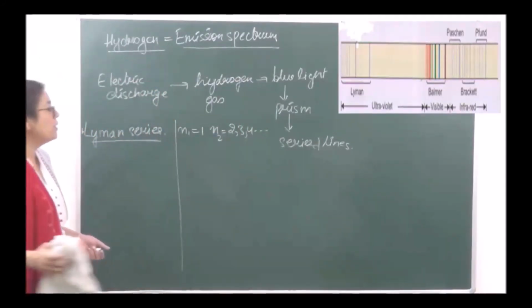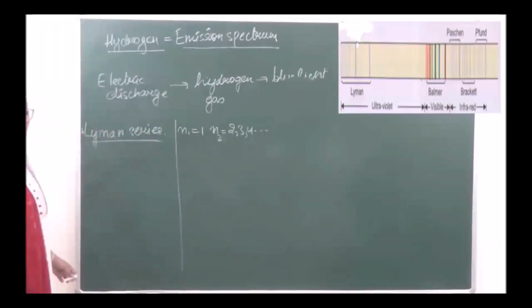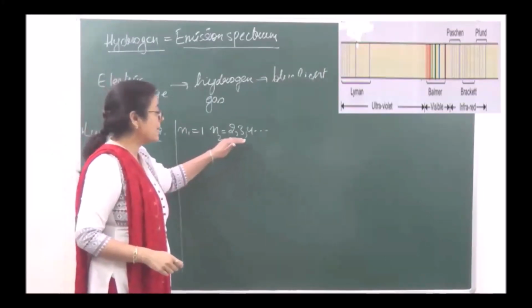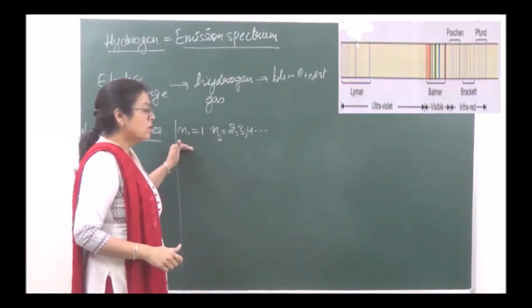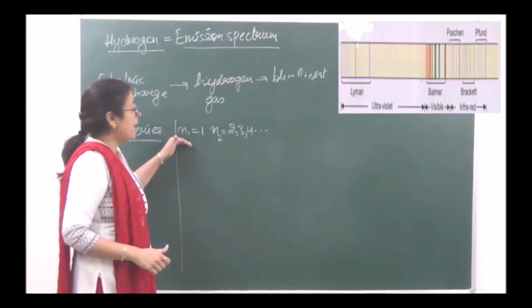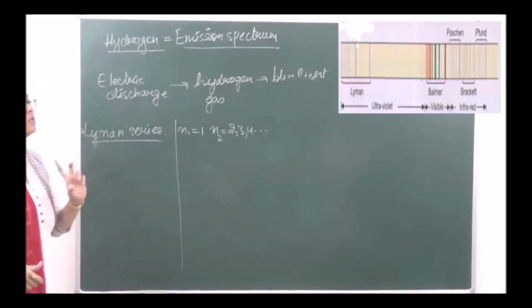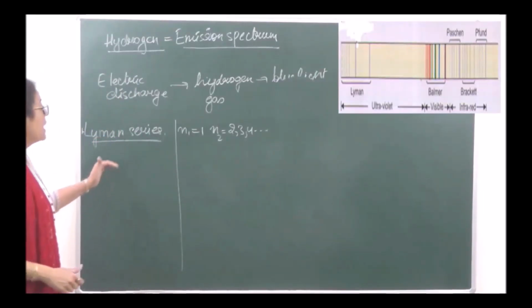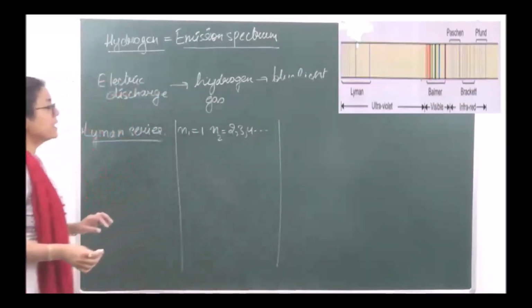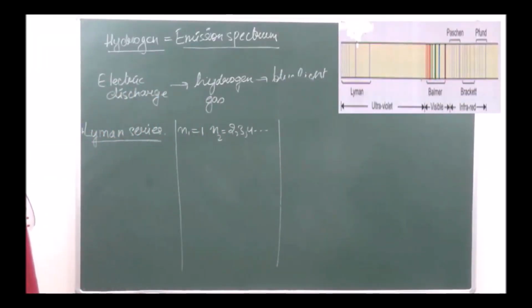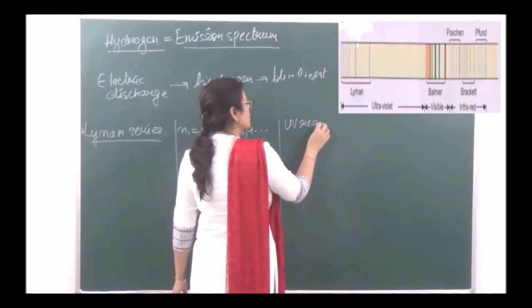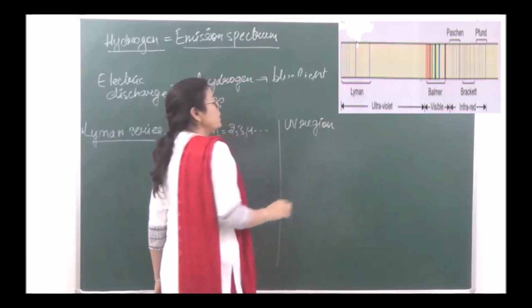Now what is happening over here is that the electron jumps from the first to the next level and then it jumps back to the first level. During its jumping back to the first level, it emits radiations. And those radiations fall in the various regions of the electromagnetic spectrum. As for example, for Lyman series, we say that they fall in the UV region.